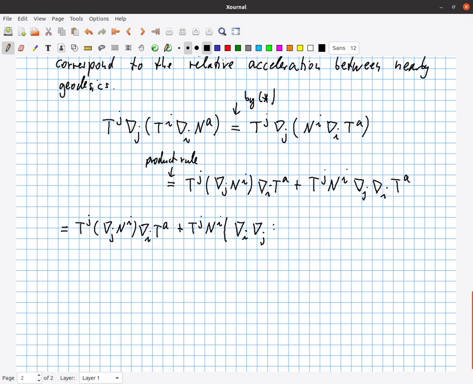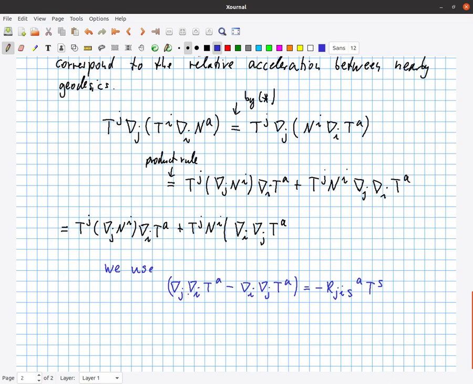We use ∇_j ∇_i T^a minus ∇_i ∇_j T^a, which according to my conventions is minus R^a_{sji} T^s.